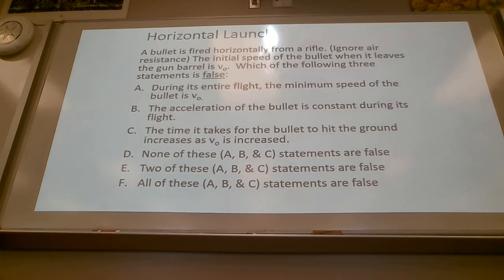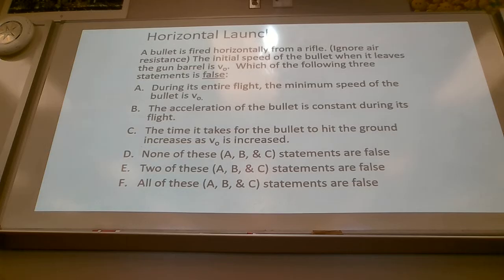Correct answer is C, the only false one. A and B are true. A is true because it speeds up. So horizontally it stays constant, but vertically it speeds up. Okay?